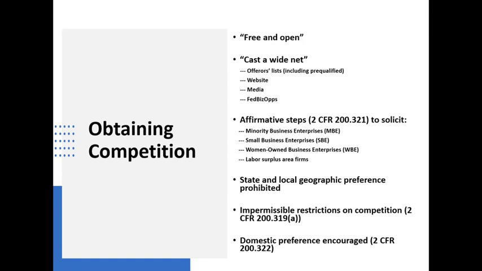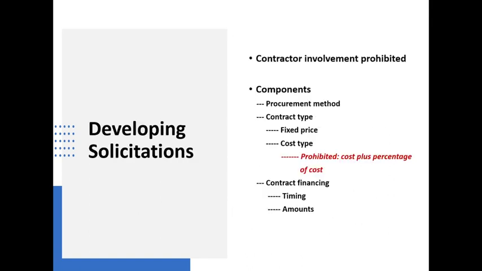Slide 13, Developing Solicitations. Now, as we've heard from looking at the various methods of purchasing, the question of whether you've got to have a written solicitation may have to do with how much you're spending and how process-oriented your purchasing steps are going to be.